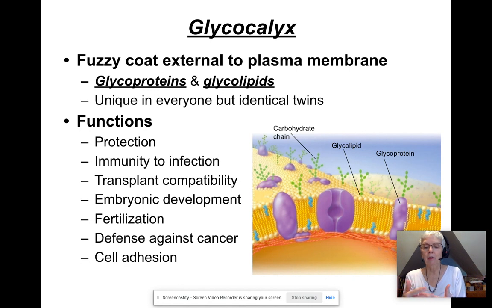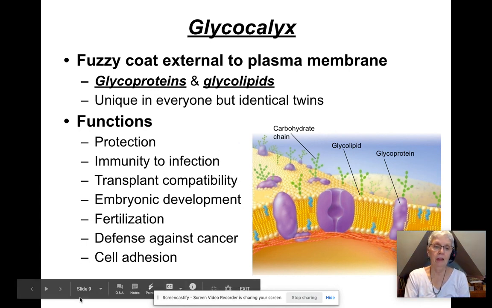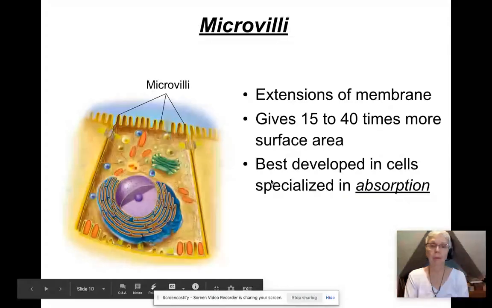So these glycoproteins and glycolipids are for protection against foreign bodies, immunity to infection, making sure that tissue that is transplanted into your body is compatible with the rest of your cells, for embryonic development, fertilization, defense against cancer, and cells adhering to one another to make tissue. So that's the glycocalyx's job.